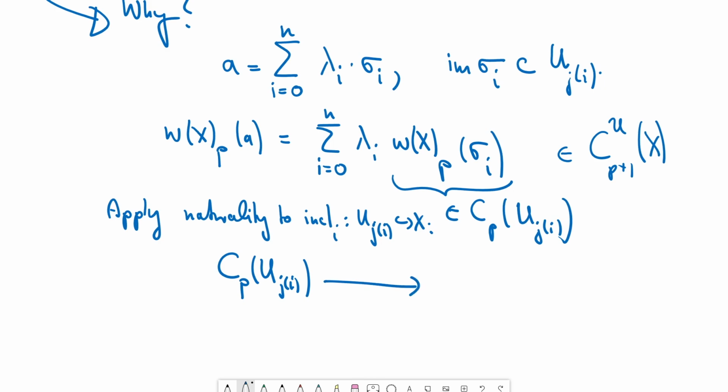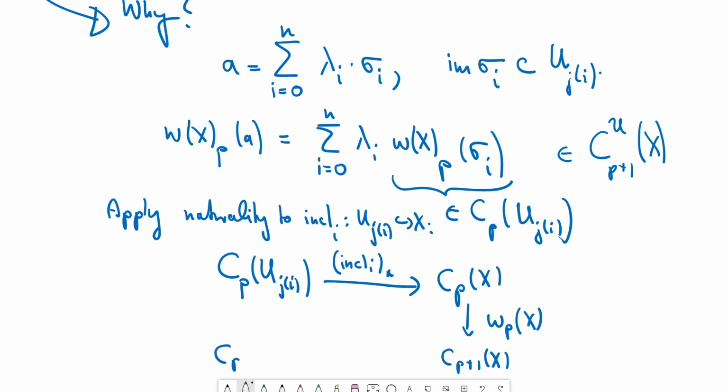Here you have the map induced by the inclusion into C p x. Here we have C p plus 1 x and the map w p of x. And again, here is the map induced by this inclusion. And here, now I'm applying naturality of the chain homotopy. Here we have w p of U j i.